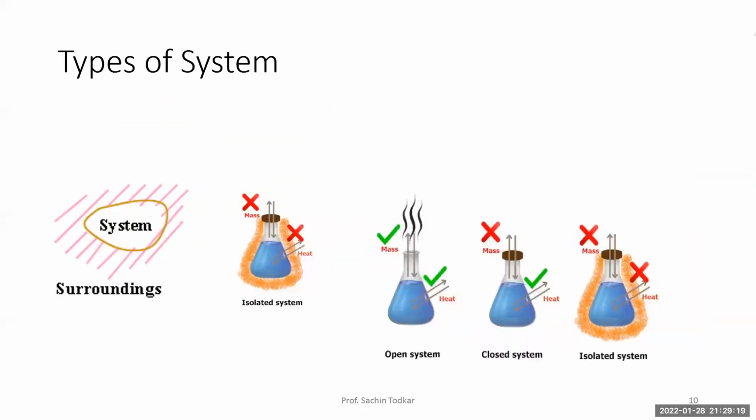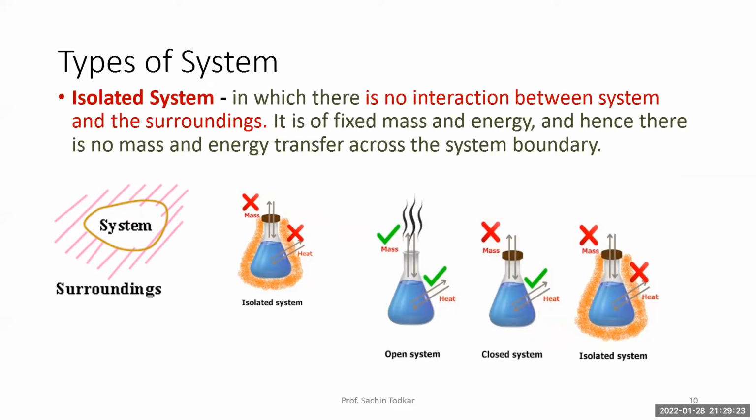Now, the third type of system is an isolated system, in which there is no interaction between system and surroundings. It is of fixed mass and energy, and hence there is no mass and energy transfer across the system boundary. Just like a thermos flask, in which we do not allow heat transfer as well as mass transfer across the boundary.